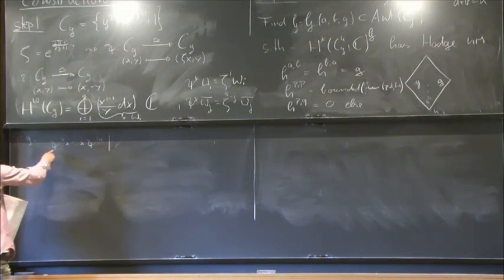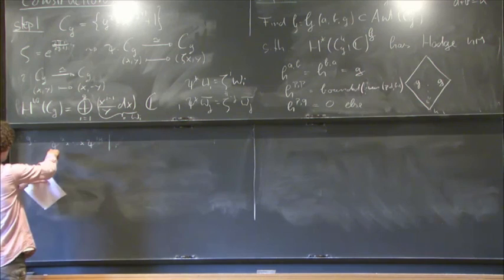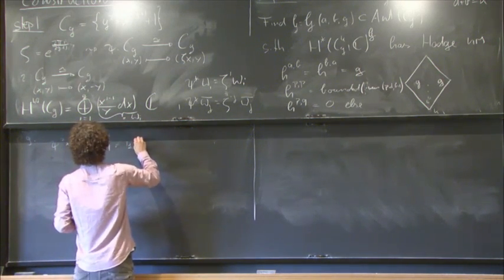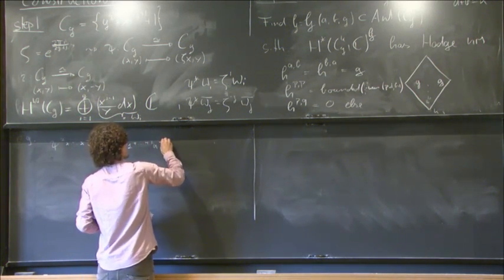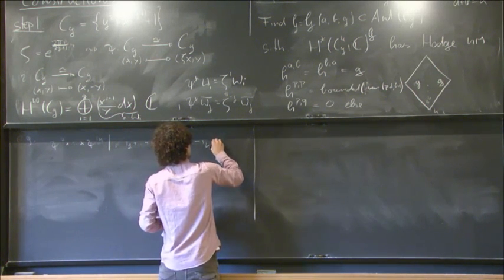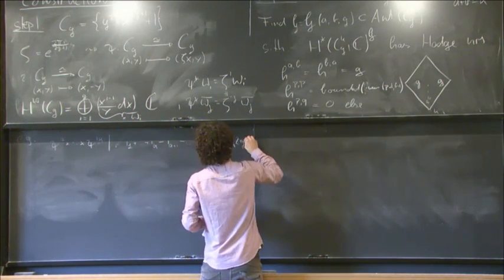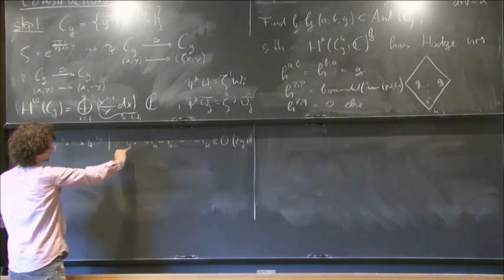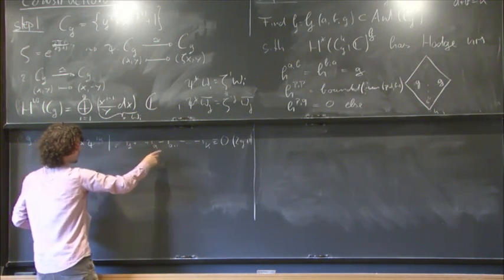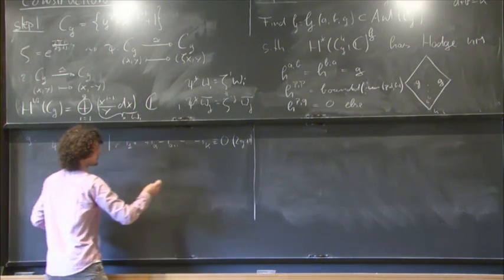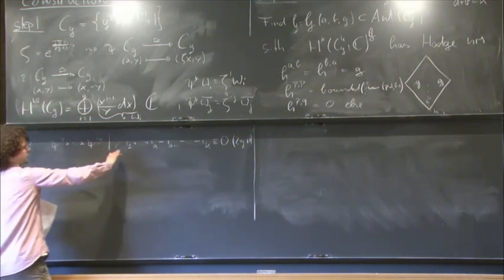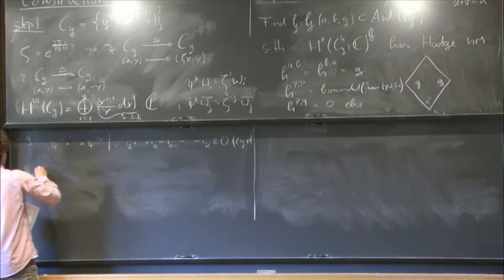I act on each of the factors with a power of psi, and I want to have the condition that the sum of a_1 up to a_A minus the sum of the remaining indices should be divisible by 2g plus 1. And so this is precisely the condition one needs in order to fix the following class.